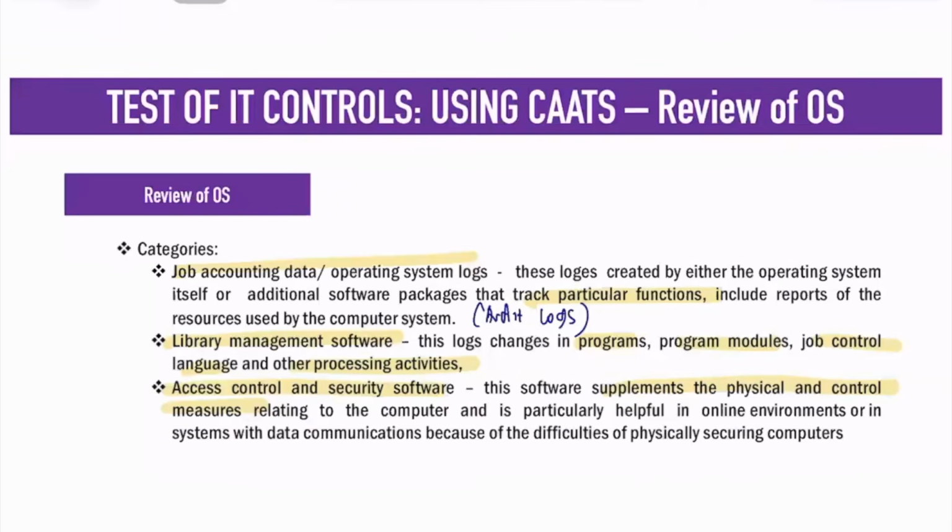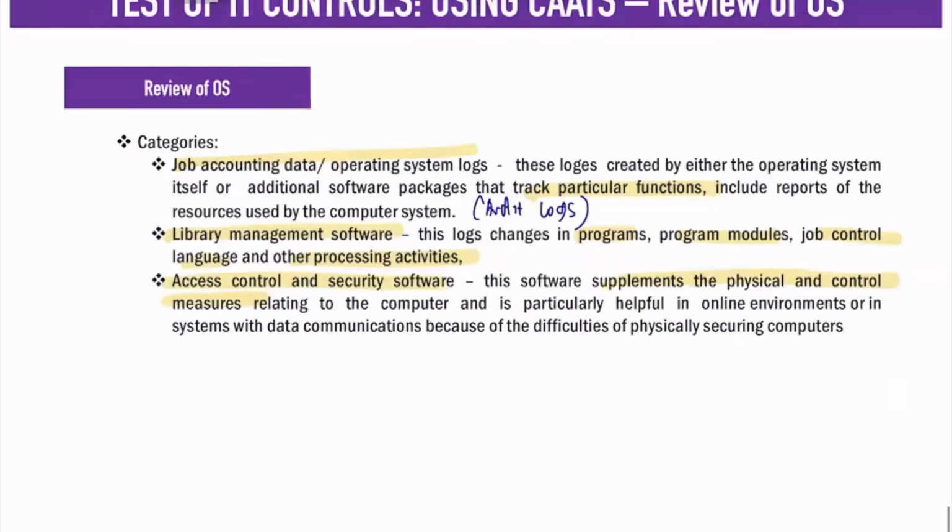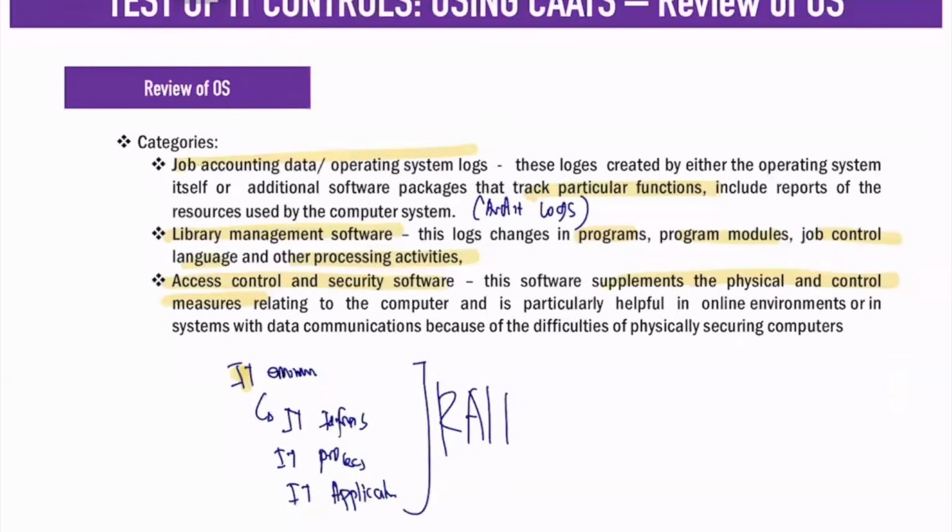So let's review. Again, we are talking about your IT environment. Your IT environment is composed of your IT infrastructure, IT processes, and IT applications. This IT environment is expected to have different risks, so risks arising from the use of IT. Because of that, we have different controls.